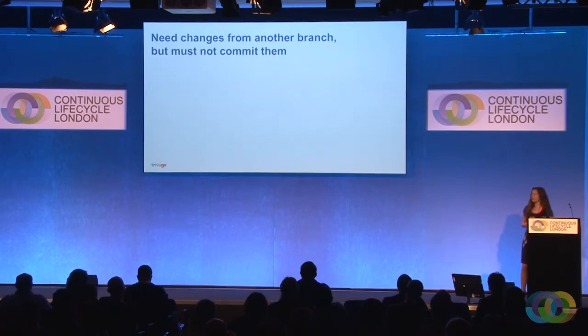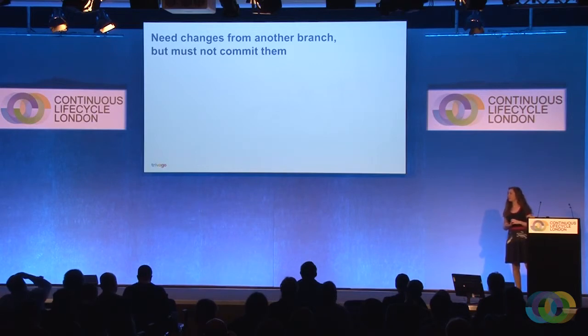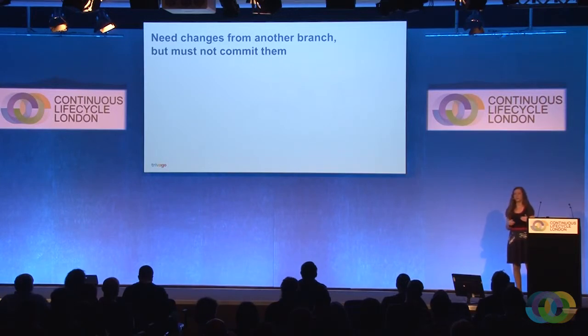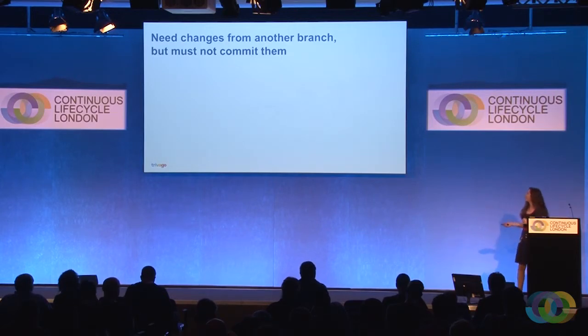This happened when we were changing from Vagrant to Docker, so I needed stuff from another branch, but I was not allowed to commit it because I was the only one, with another colleague, who were already working on Docker, and if we had committed our files, everyone else's environment would be broken.